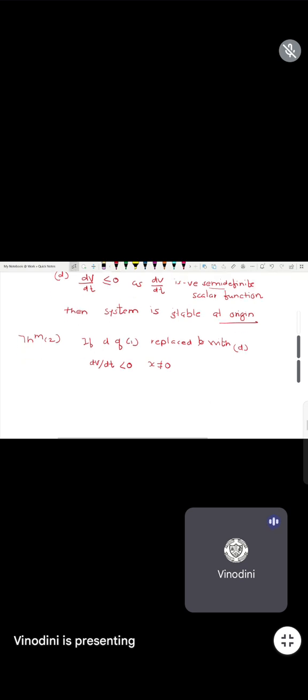Here the word semi-definite was there, and here it is negative definite. What a definite matrix is and all that we will see, that is given in the appendix also. It will be a negative definite scalar function.